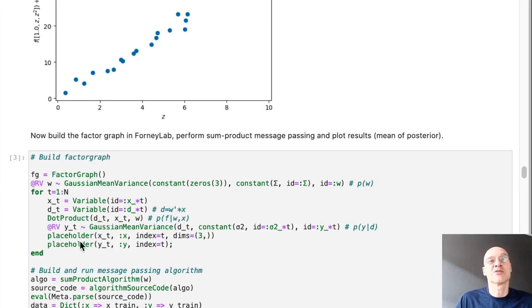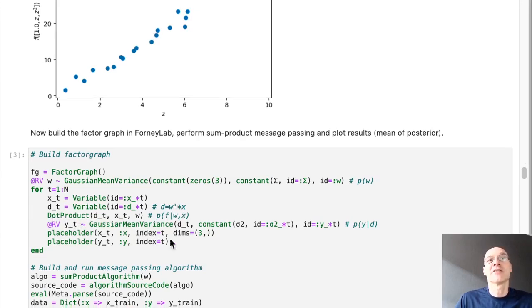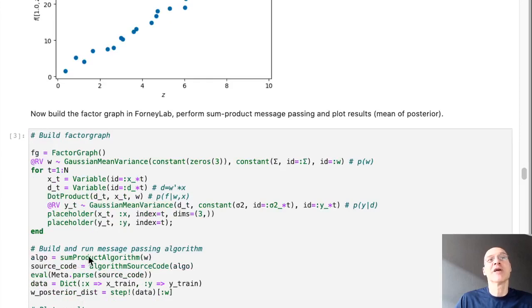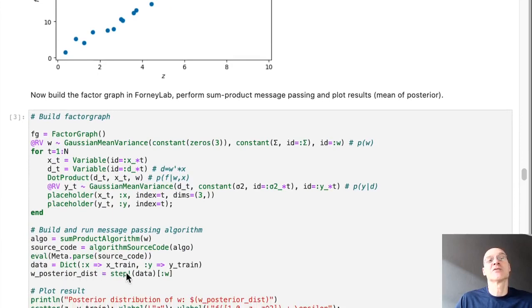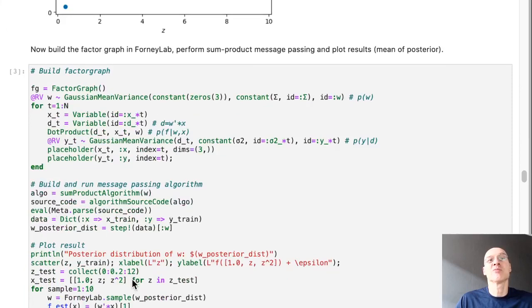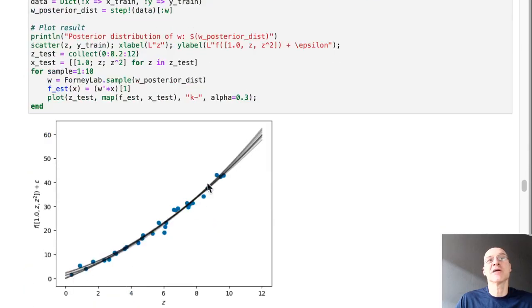Well, basically this just builds the model, and we build placeholders for where the data is. Then we say now make the sum-product algorithm. Here's the data, and just execute the sum-product algorithm, and that's it. And then you plot the result, and this is what you get.